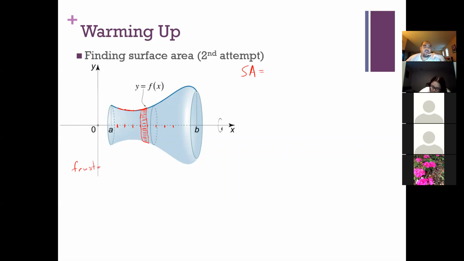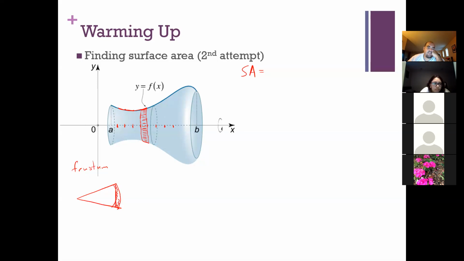In case you need a refresher on what that word means, basically, if I were to extend this out to the left, I would have a cone, because if I extended it to the left, it would eventually taper to a point. I am not going to do that because I'm only interested in what happens over a given interval. So really what I have is a cone with a cut made that's parallel to the base.